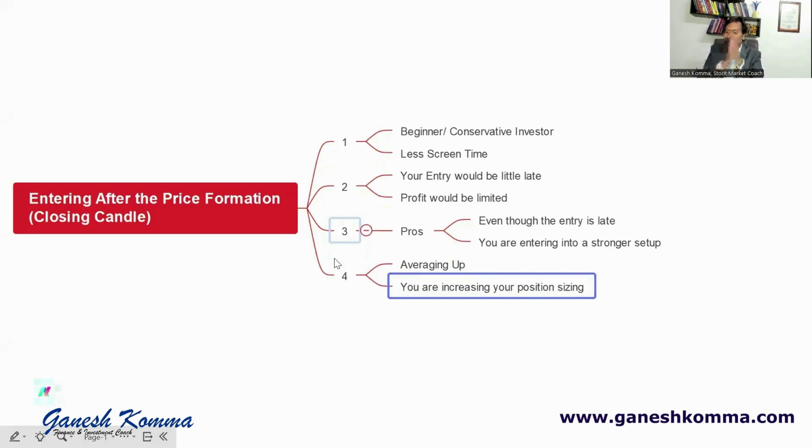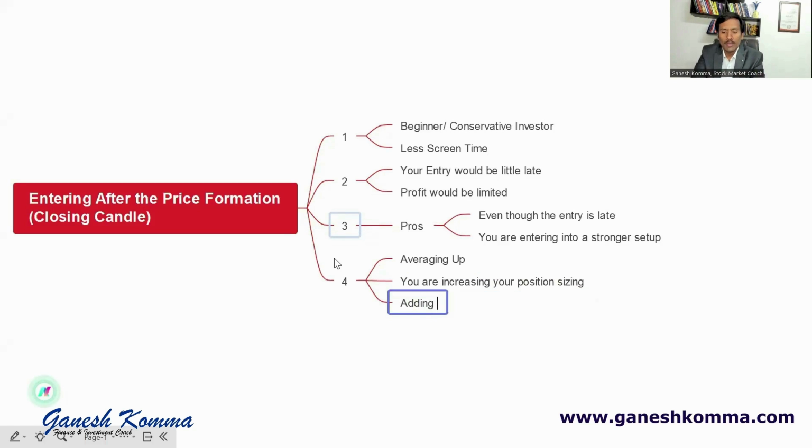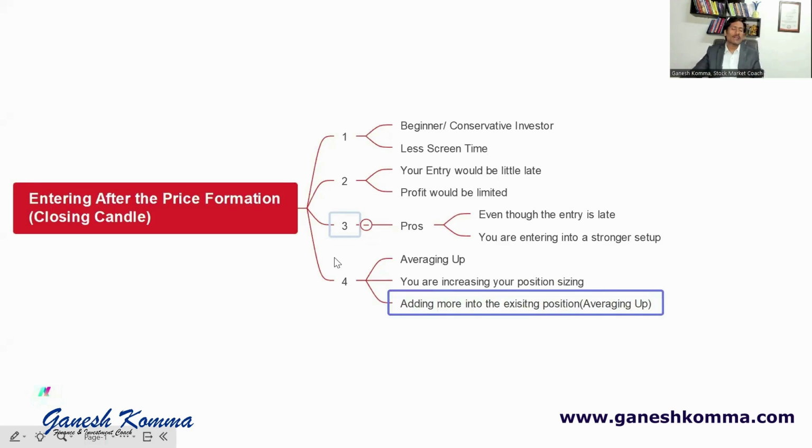Which means, sir, I've entered 1% into that position. So as the candle is forming well, I add more into the existing position. Adding more into the existing position and averaging up are the same.